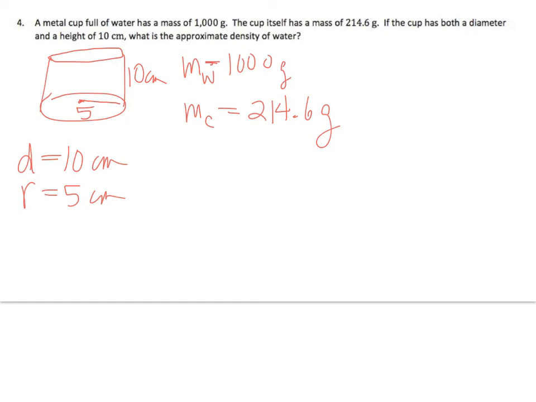Okay, let's look at it. So the mass of the water is the difference of the mass of the full cup and the mass of the empty cup. So the cup has a mass of 214, and the thickness is here, right? And then the inside, I'd have blue water.